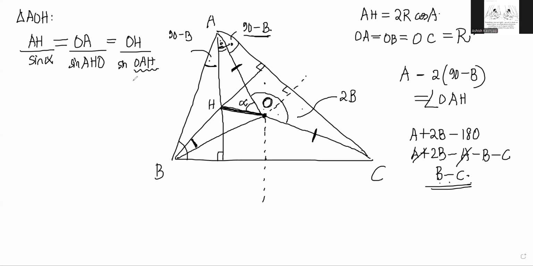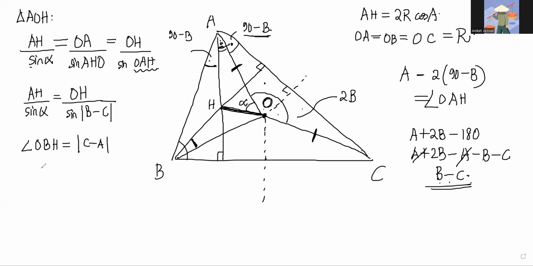So our relation will be AH by sine alpha is equal to OH by sine of mod B minus C. Similarly, we also know angle OBH will be mod of C minus A, same pattern. And similarly, angle OCH is mod of B minus A.